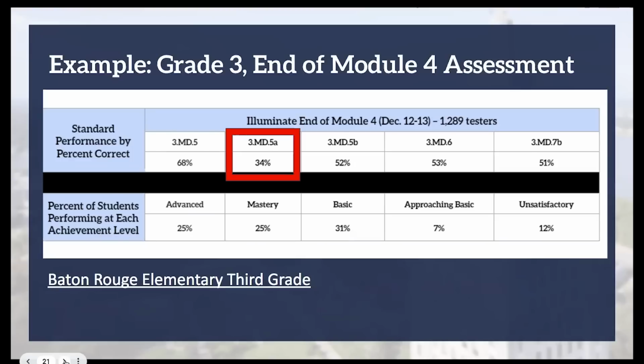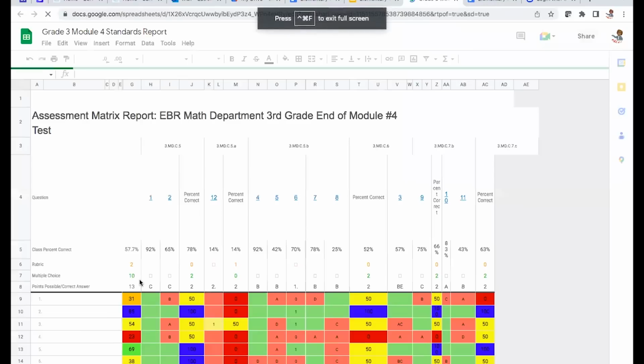So even though I know that those other three standards need to be looked at as well, let's look at just one of those standards, the one that the students had the most challenge with. So what I've done is I've gone into Illuminate and I've pulled a data report.